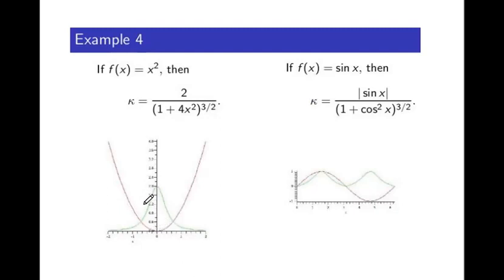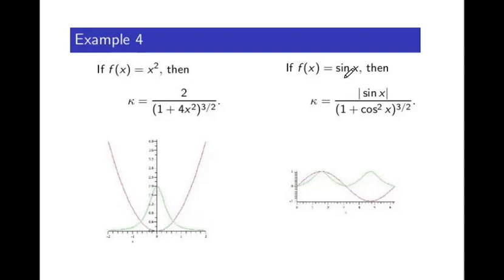When you move away from 0, you get very low curvature, the same as a straight line. So you can see the large curvature around the origin.